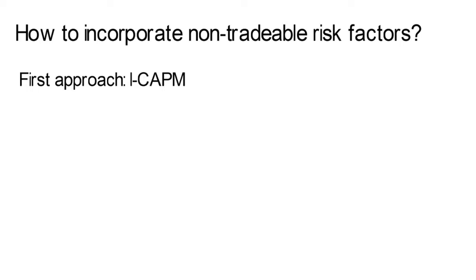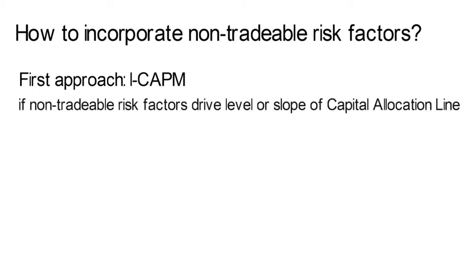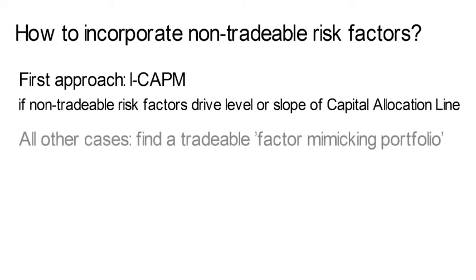Doing so is expected to work well if the non-tradable risk factor that you consider is a factor that indeed drives the level or the slope of the capital allocation line. Now, for all other cases, you are left with finding a tradable factor mimicking portfolio. So that would be the second approach, and use that if the I-CAPM storyline doesn't work.